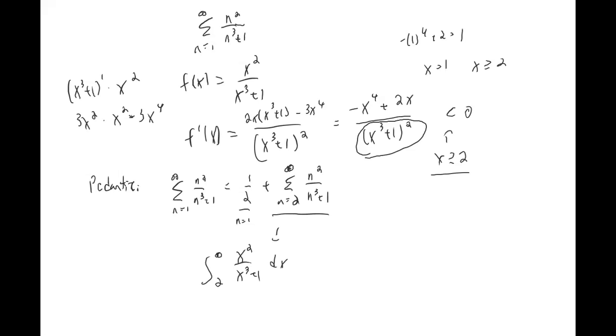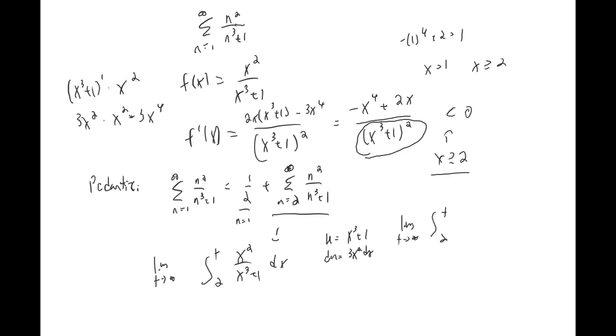I'm just going to be quick about this. So this is the limit as t goes to infinity, and we're going to do a u-sub. So u is x cubed plus 1, du is 3x squared dx. At this point, you should know how to do this.